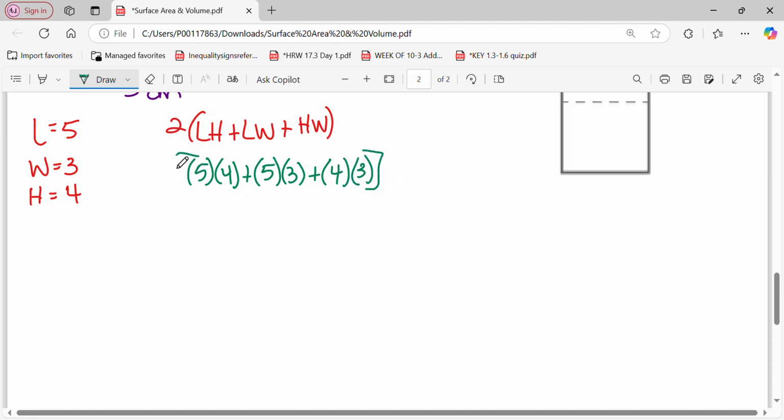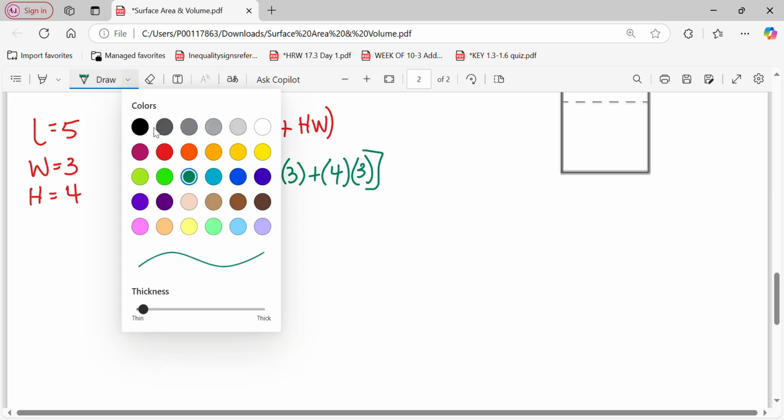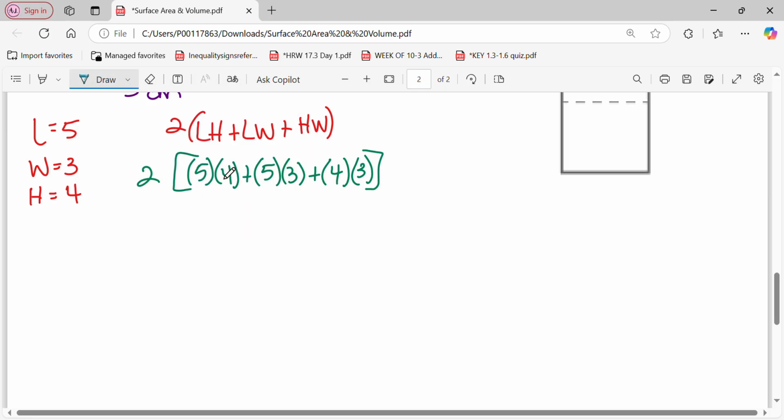I'm going to use brackets, which is another set of parentheses. And now I need to multiply each of these. So 5 times 4 is 20, 5 times 3 is 15, and 4 times 3 is 12. I'm going to add all of these together to get 47 and multiply by 2 to get 94.